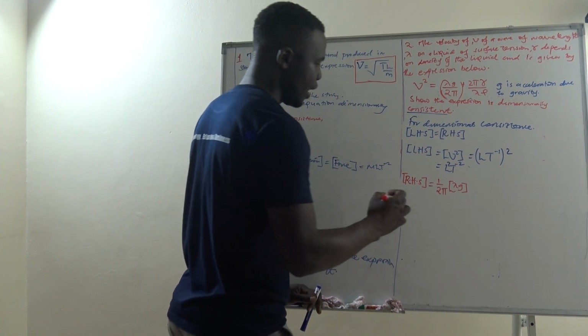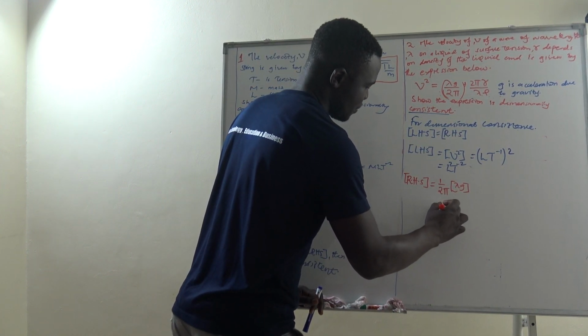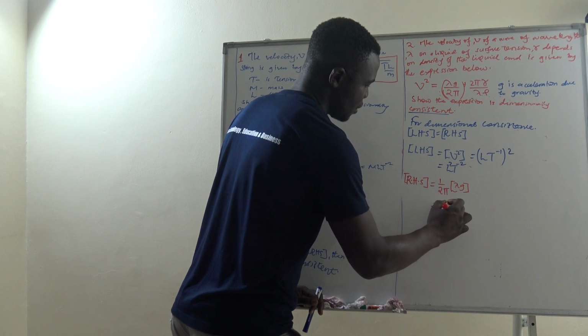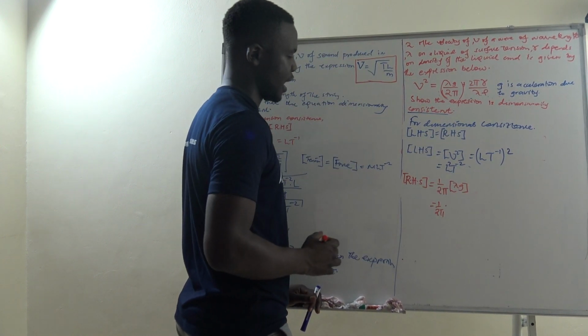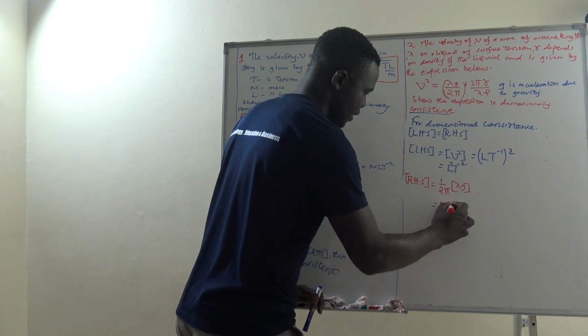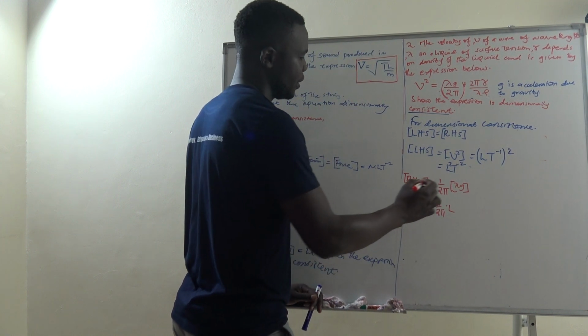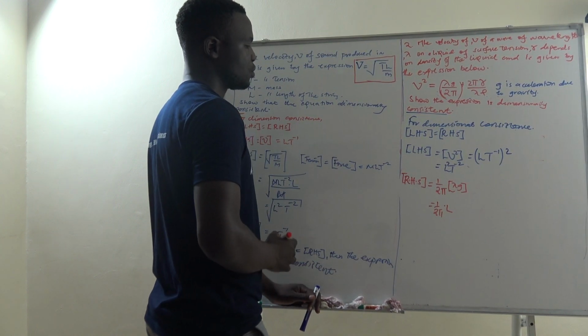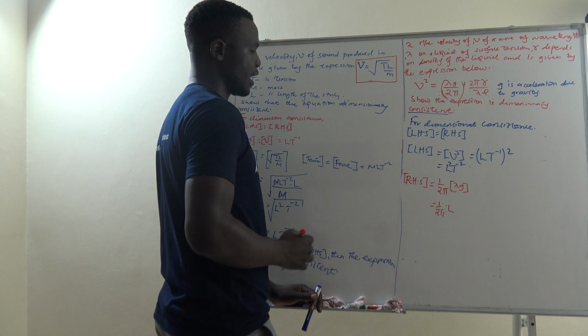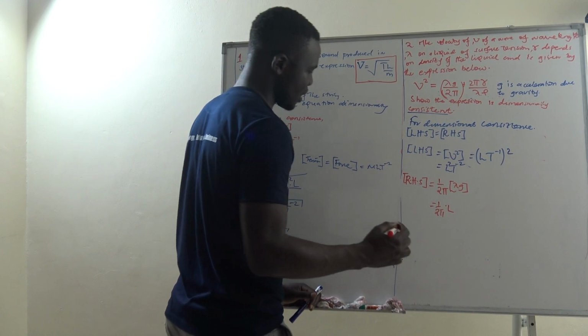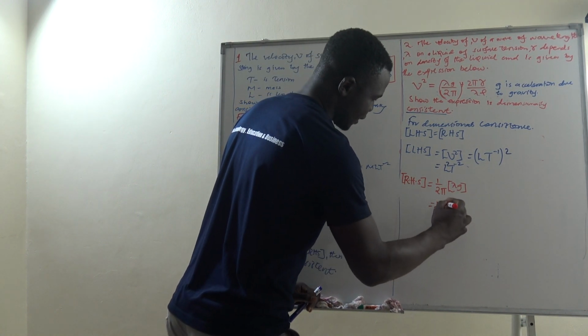Now, let's plug in the dimensions of the respective terms. We know that lambda is length, so the dimensions of length are L, and we know g is acceleration due to gravity. So acceleration due to gravity has the same dimensions as acceleration.